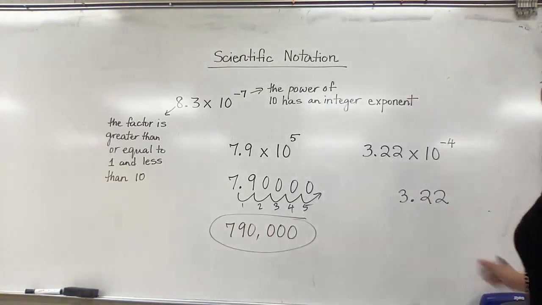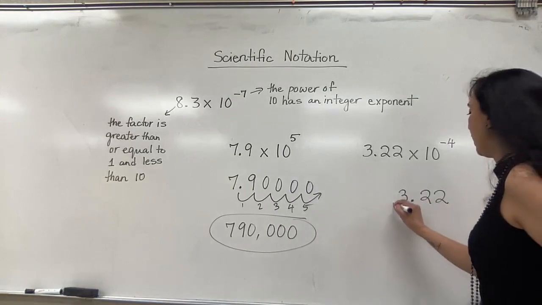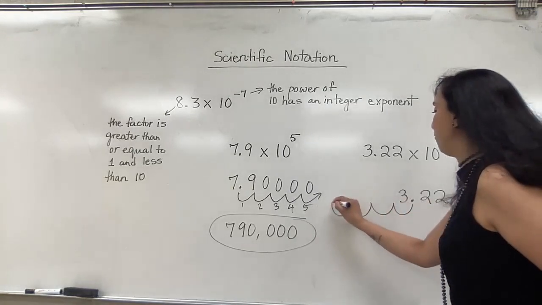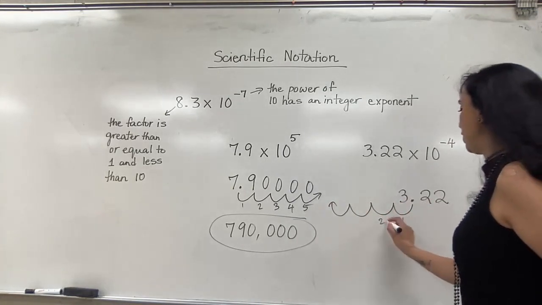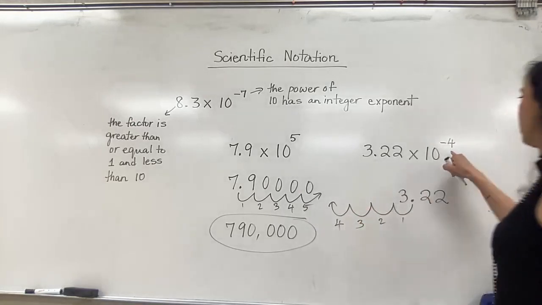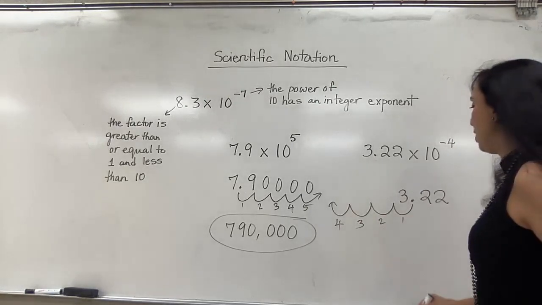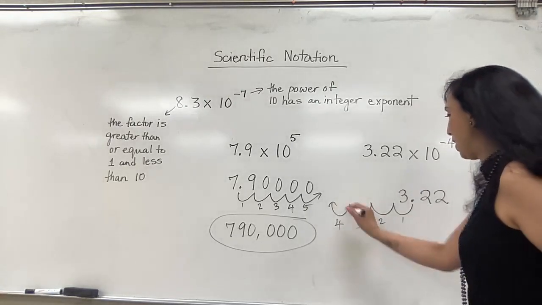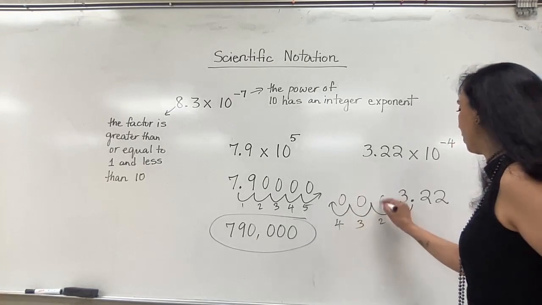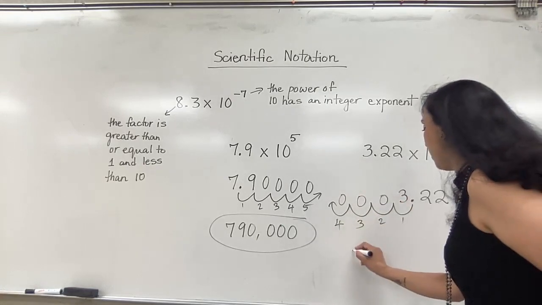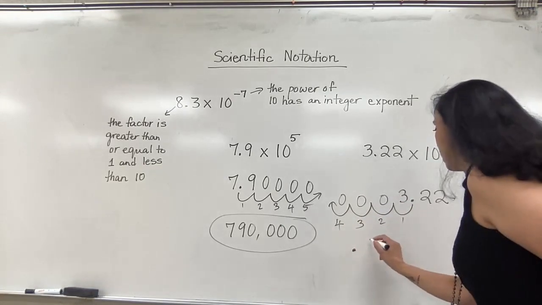So here we go. 1, 2, 3, 4, because that's what this is, negative 4. And I am going to annex my zeros.